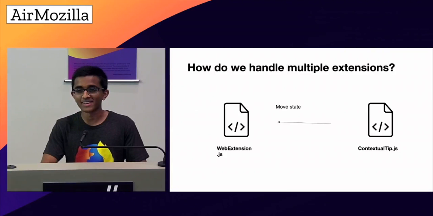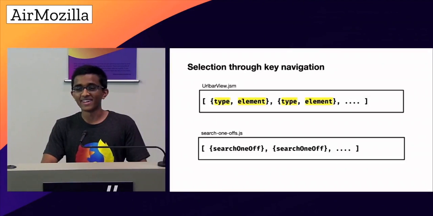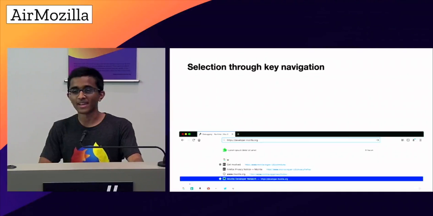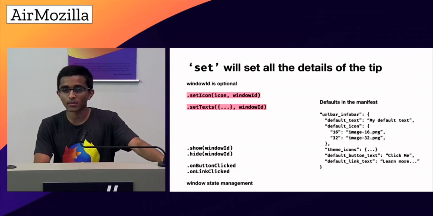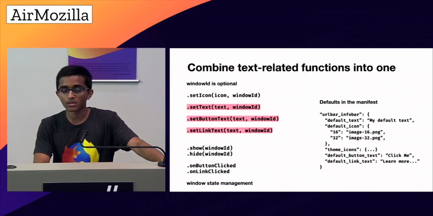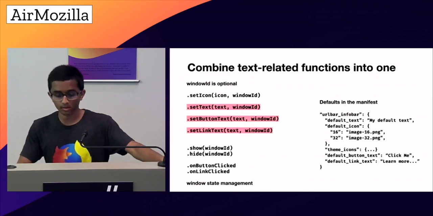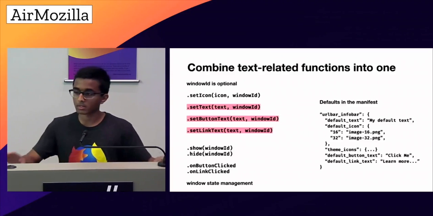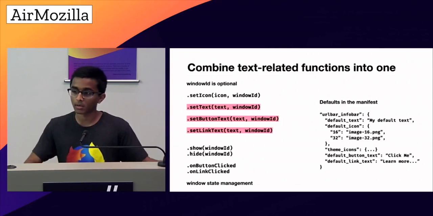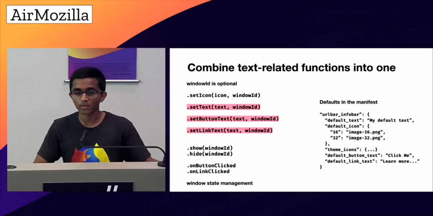I used to have a slide on this, but I deleted it. In the beginning of the API, we used to have individual functions for setting the text, the button text, and link text. The problem with that is you could end up with a scenario where a contextual tip is shown without any text, and it looks like a bug from the user's perspective, because you see an icon and a button. That would be unexpected from the user's perspective.